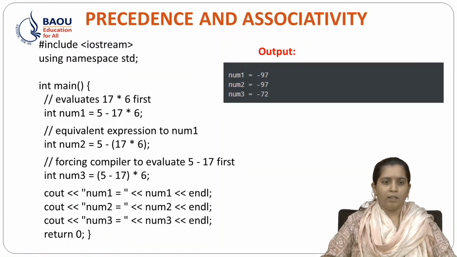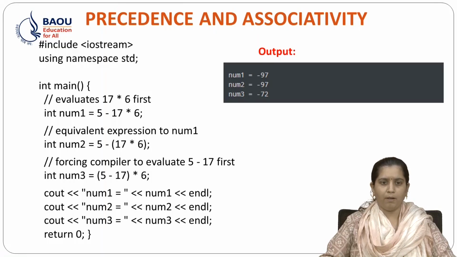And in the third variable, what I am doing is I am forcing the compiler to evaluate 5 minus 17 first. So, in that I have done 5 minus 17 in brackets, because brackets have a higher precedence than the multiplication operator.